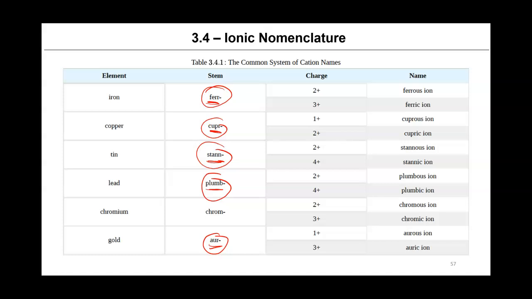And so that's why I don't really like this system, but we end up with things like ferrous, ferric, cuprous, cupric, stannous, stannic, plumbous, plumbic, etc. I'm not going to hammer you on this, but it is worth knowing, and you should be prepared to look this up if you see it written somewhere.